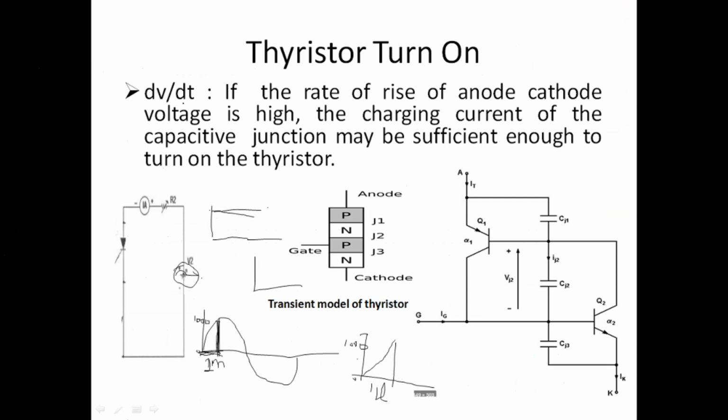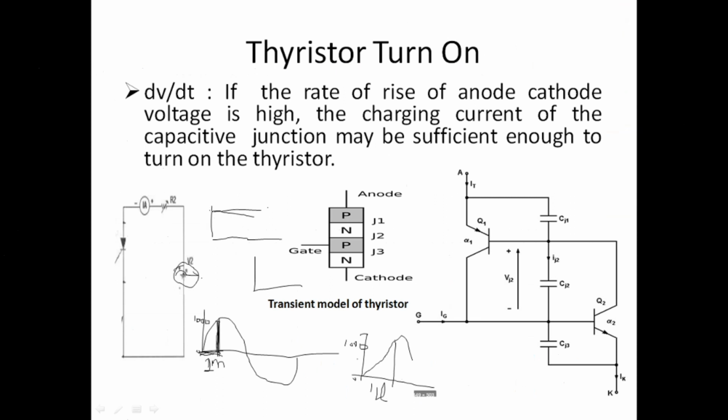dV by dt always gives you the slope of the voltage with respect to time, how fast that voltage has varied from one value to another. If the voltage is constant, the change in voltage with respect to time for a DC is 0.